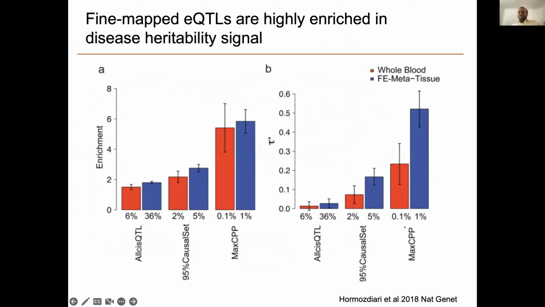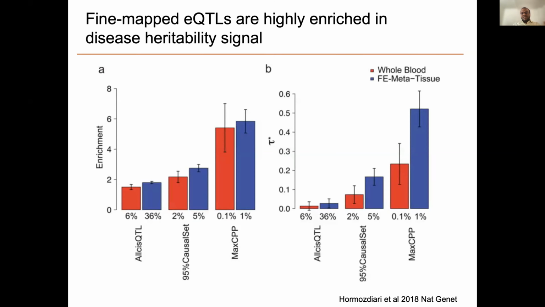There was also another analysis done by Farhad Hormozdiari, which was looking at the GTEx eQTL data in whole blood and meta-analyzed across different tissues, and analyzing the heritability enrichment and the tau star values for the different traits. And these were all meta-analyzed across a lot of traits.